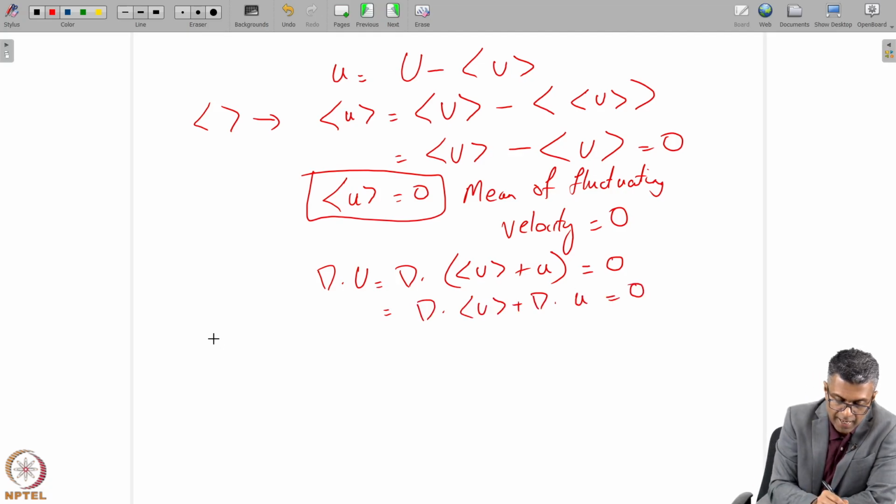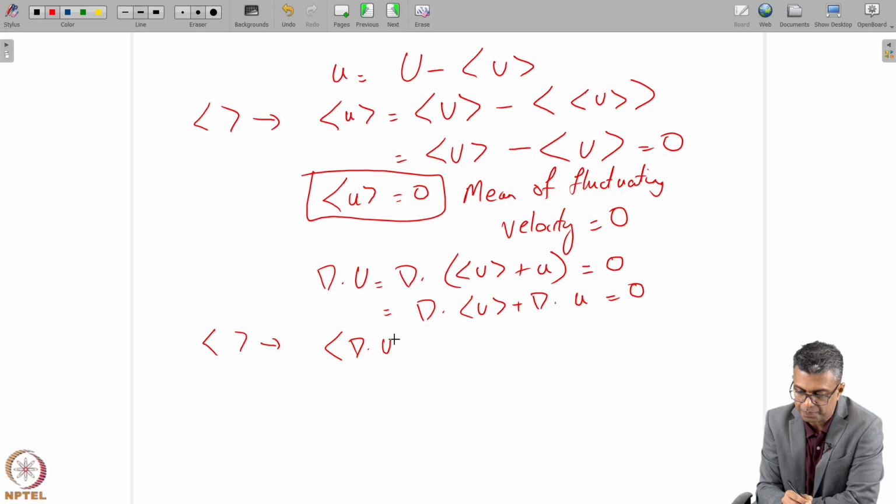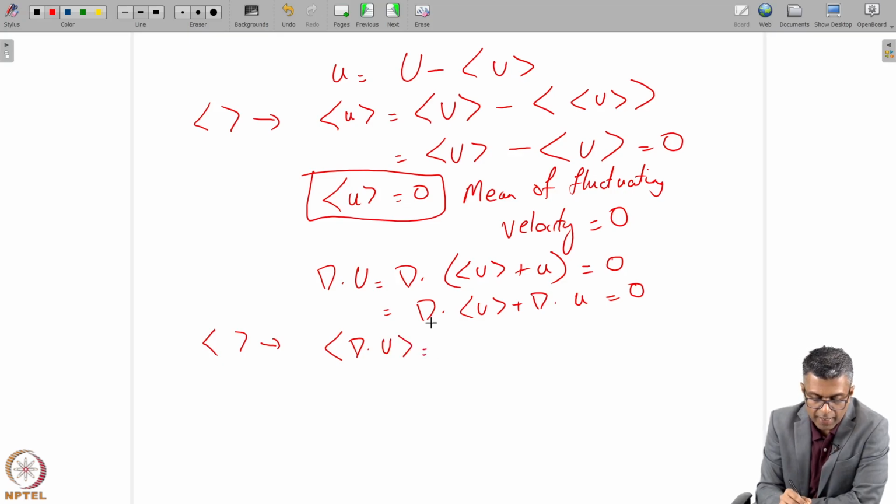Now I take an averaging on both sides. The average of del dot u is equal to del dot the average of u itself, plus del dot the average of the fluctuating velocity.